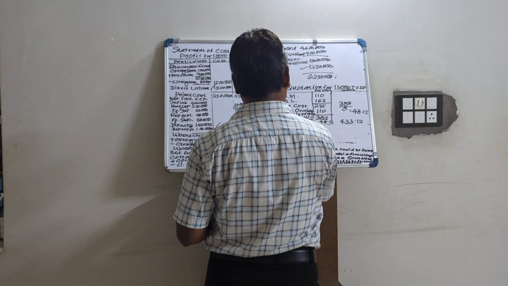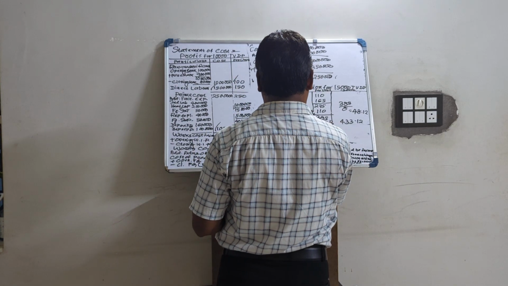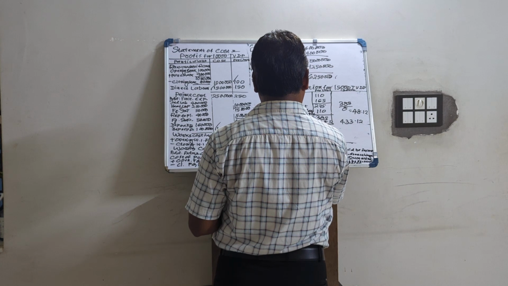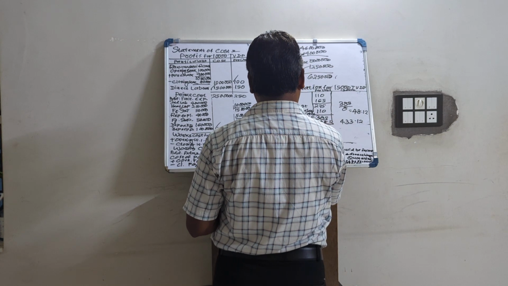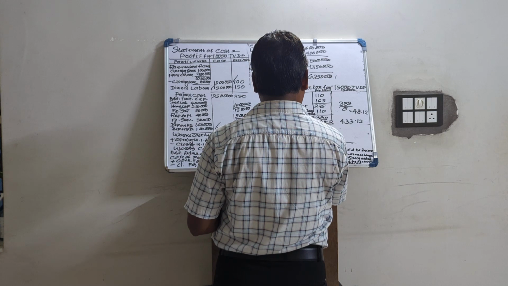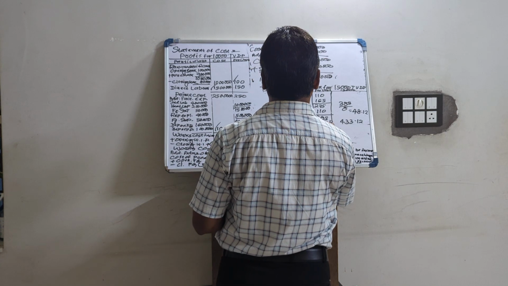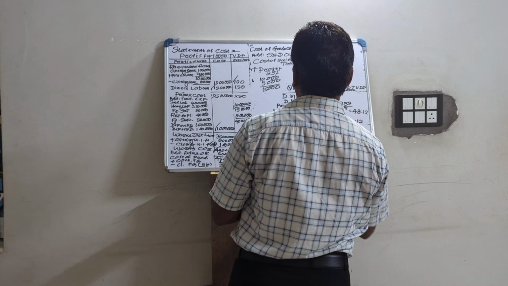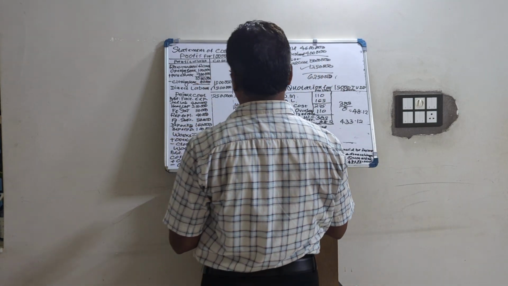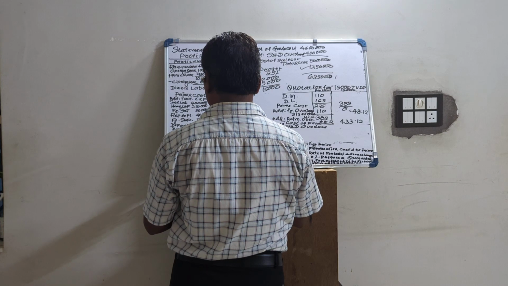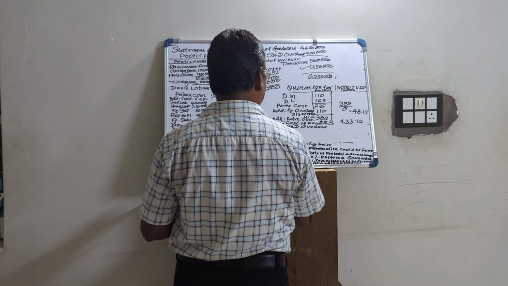And this will give us cost of production. Selling and distribution overhead, you see here, is given as 4 lakh. So 4 lakh divided by 40 lakh is 1/10.